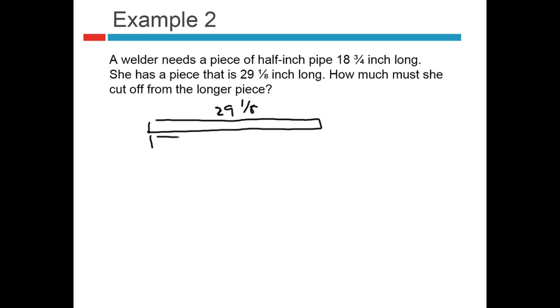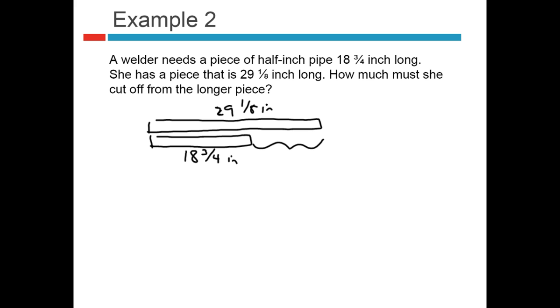So what we're looking to determine is how much to take off to have a piece of pipe 18 3/4 inches long. So in order to determine this amount, we will subtract 18 3/4 inches from the 29 1/8 inches.